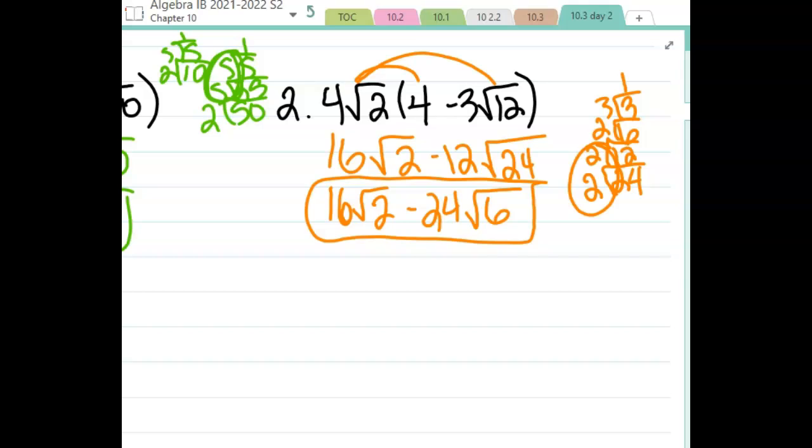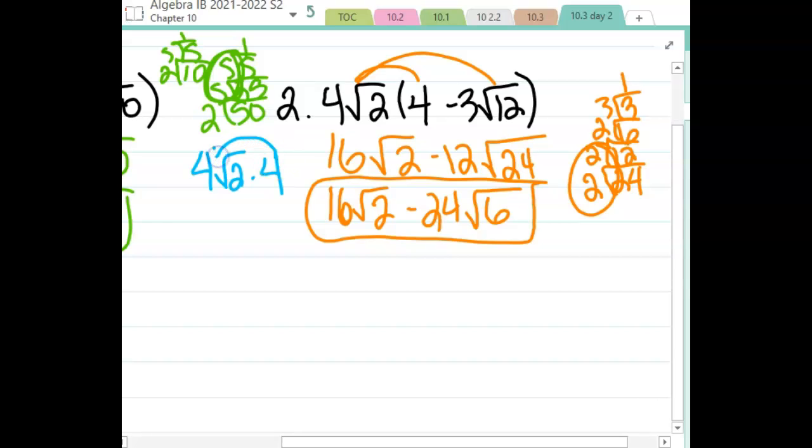Why do you, whenever you're multiplying 4 and 4, put the 2 with it? Think back to last week. If I had 4 square roots of 2 times 4, because I'm distributing and multiplying, you could rearrange this because it's all multiplication.